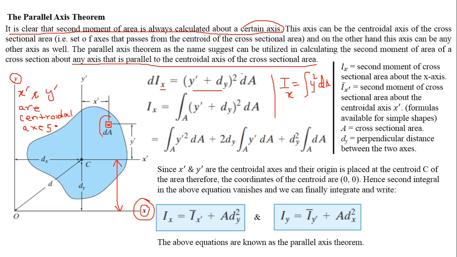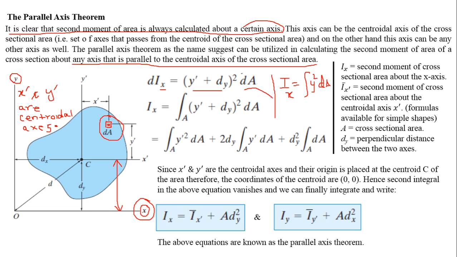So for this very small, differentially small element, the second moment of area about the x-axis will be dIx equals the moment arm measured from the x-axis, which is dy plus y dash, whole squared, dA.